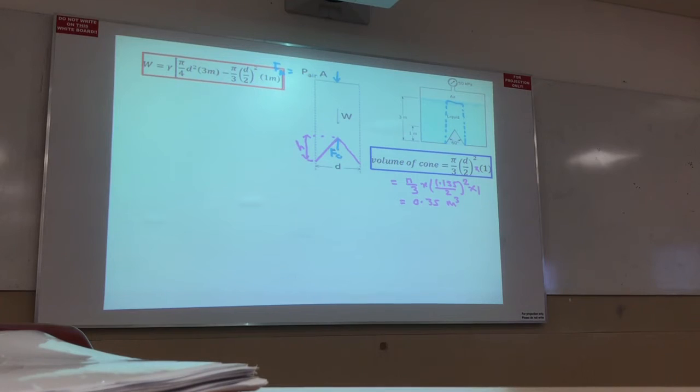So, what is the volume of this portion? Or how do you calculate the weight, W? Weight becomes gamma times the volume of the green portion, right? Am I right? This is the liquid.